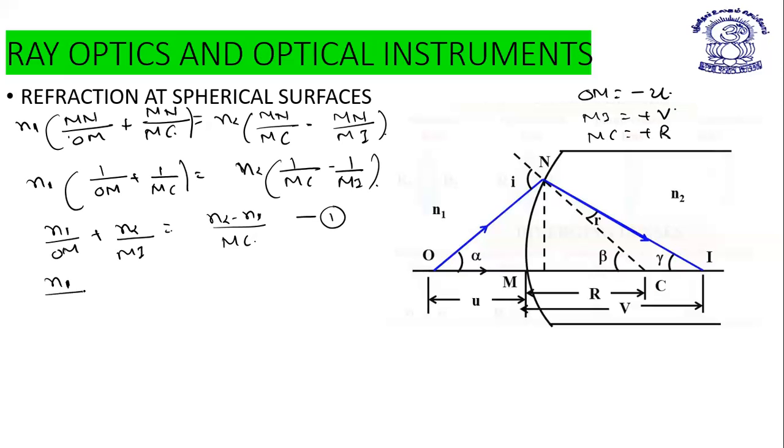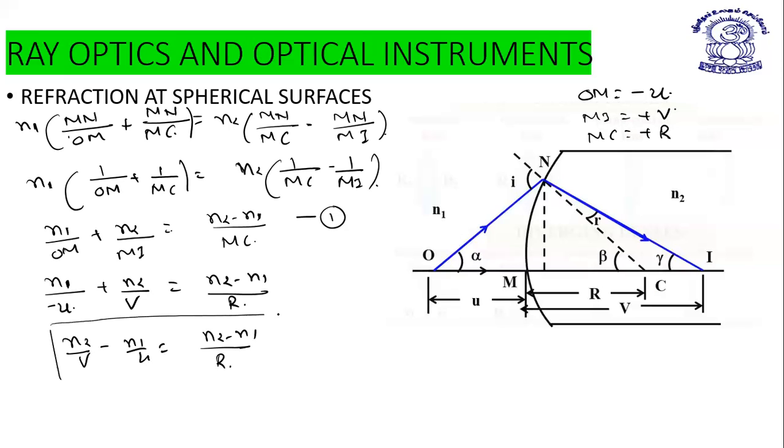We can write N1 divided by minus U plus N2 divided by V is equal to N2 minus N1 divided by R. Rearranging the equation, we get N2 by V minus N1 by U is equal to N2 minus N1 divided by R. So this is the formula for refraction at a spherical surface. This is the relation between object and image distances in terms of the refractive index of the mediums and the radius of curvature. It holds good for any curved or spherical surface.